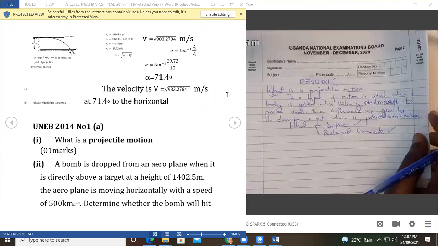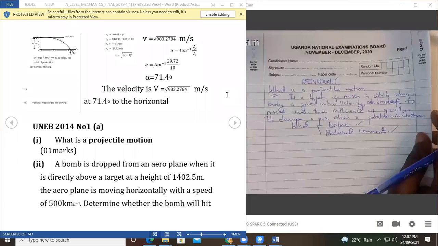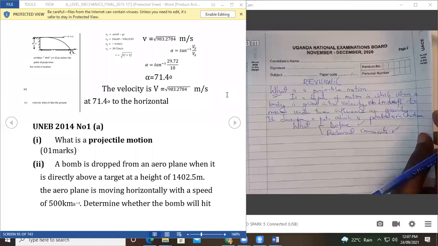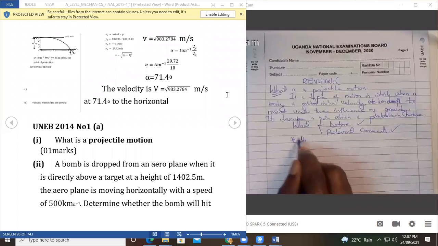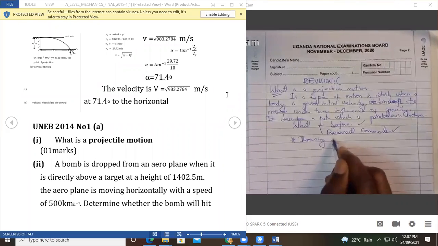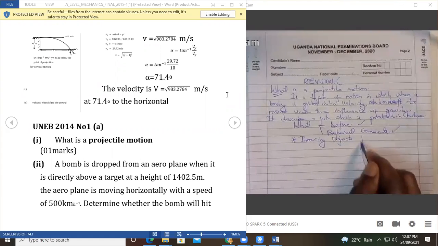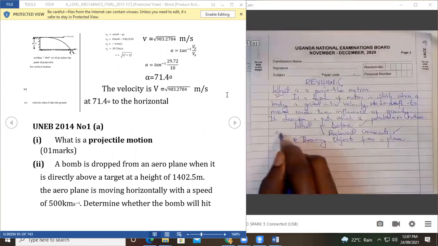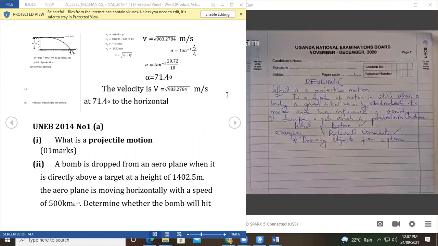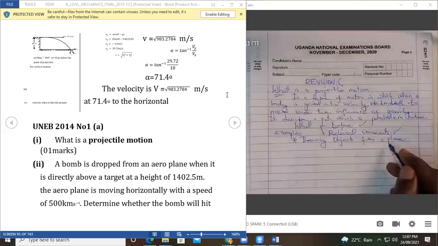And we have seen there are 3 cases here. What are some of the examples we can give? We gave throwing objects from a plane. These are now examples of projectile motions. In case they ask for it, because they may say, what is a projectile motion, and give an example of projectile motion. One example is throwing objects from a plane, or objects released from a plane.